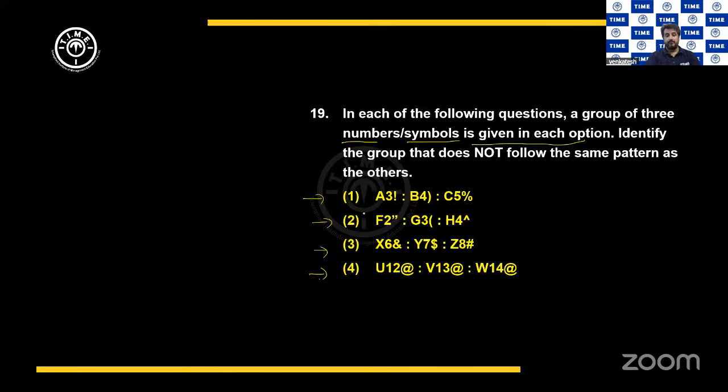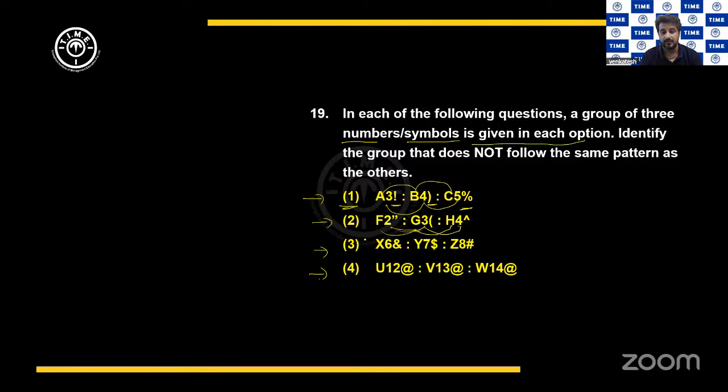Within the group, first one: A, B, C, consecutive letters; 3, 4, 5, consecutive numbers. Nothing wrong. And we can see very clearly three different symbols. Now, coming to the second one: F, G, H, consecutive letters; 2, 3, 4, consecutive numbers.